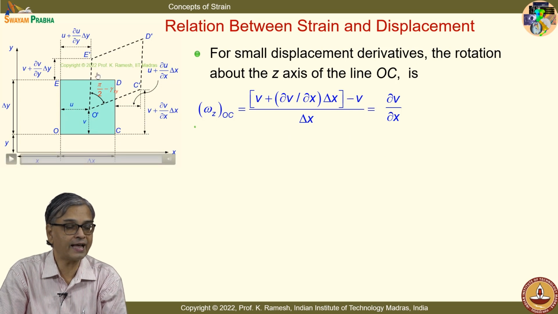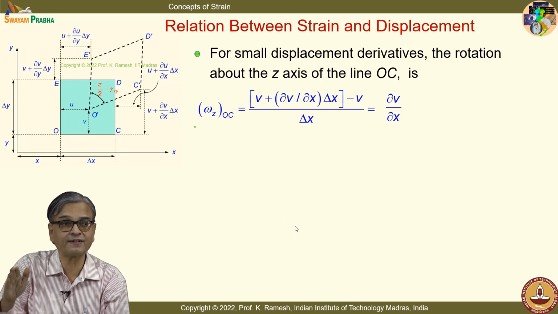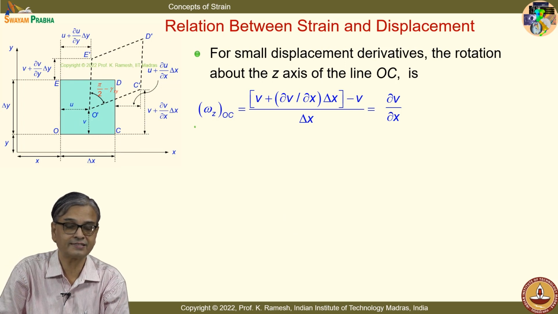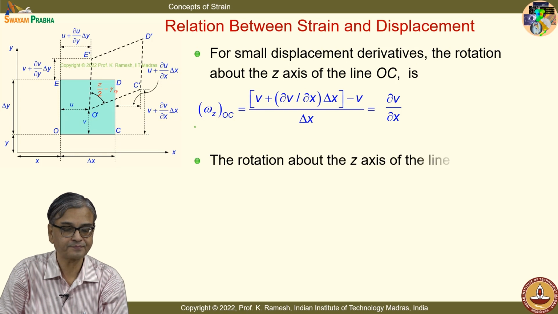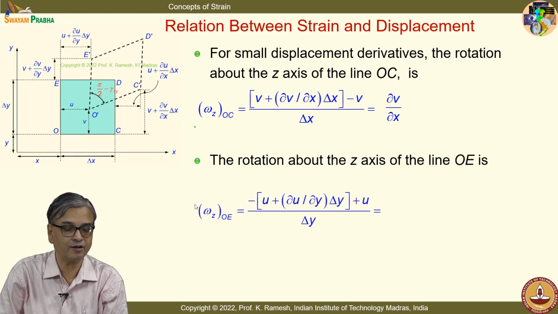And what way has the line OE rotated? It has rotated in the clockwise direction. The sense is also very important. So, when I have the line OE, I get this as minus of u plus dou u by dou y delta y plus u divided by delta y, that gives me minus dou u by dou y.